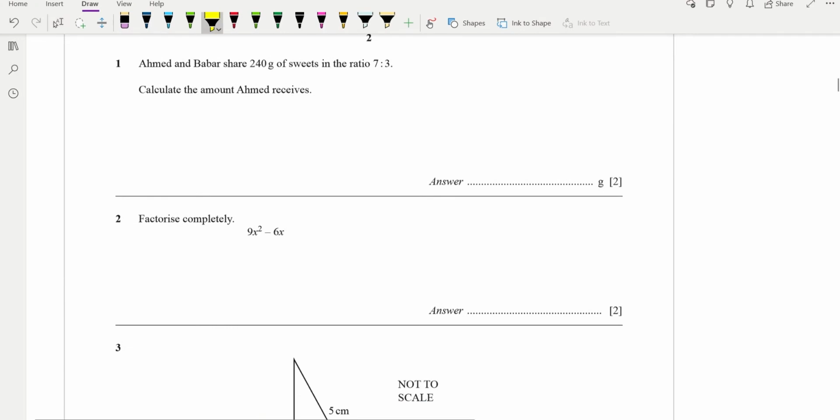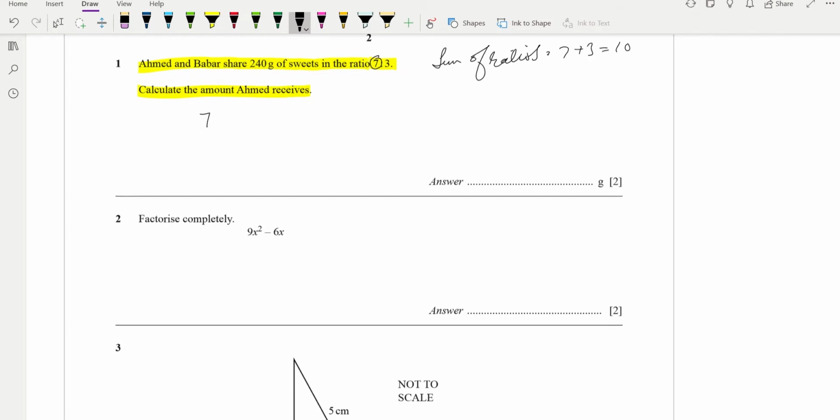Question number 1 says Ahmad and Babar share 240 grams of sweets in the ratio of 7:3. Calculate the amount Ahmad receives. So Ahmad's share is the first one, which is 7, and the sum of ratios is 7 plus 3, which is equal to 10.